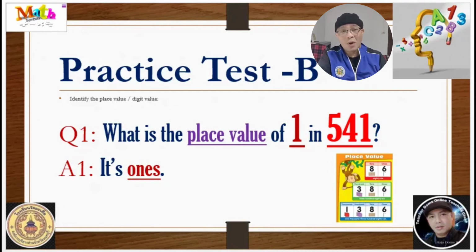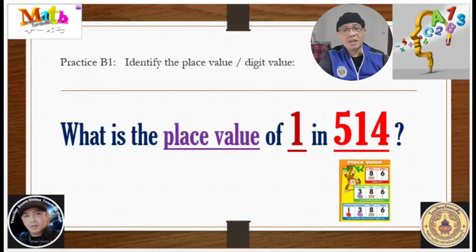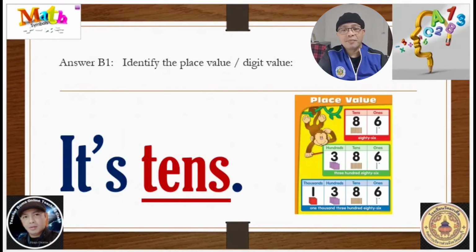It's ones. Now let's answer the actual online test for practice test B. Identify the place value and digit value. What is the place value of 1 in 514? It's tens.